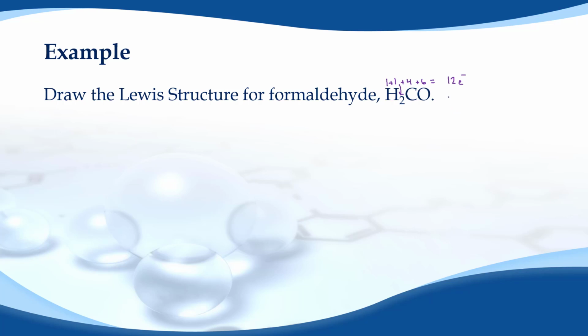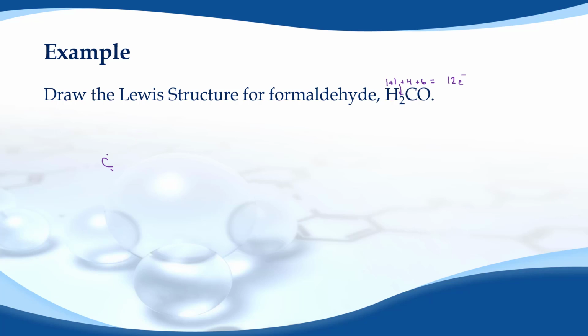Second step, we're going to draw our skeleton. Least electronegative atom in the center except for hydrogen. Now, as a good rule of thumb, if you have carbon in your molecule, carbon will almost always be the center atom. And if you have multiple carbon atoms in your molecule, you're almost always going to form a chain of carbon that's that length or somewhere around that.